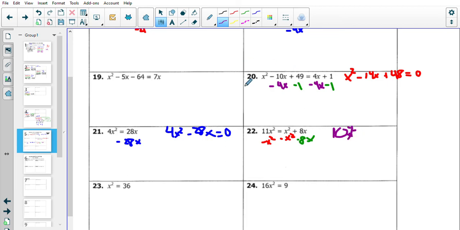That's a 10. I'm going to rewrite that for you guys. So again, we have a 10x squared, and then I'm subtracting the 8x, so that's a minus 8x equals 0.